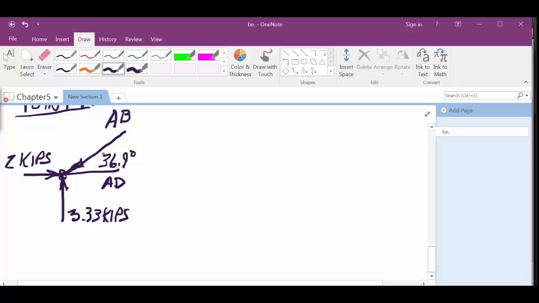Some of AB is pushing down. It's not all pushing to the left, is it? So it may need some help from AD to counteract that 2 kip force. And I haven't looked far enough ahead on this problem to know what the answer to that is. That's a total guess right there.